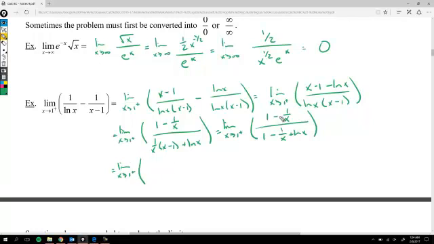Okay, so on top I end up with 1 over x squared. And on bottom I end up with 1 over x squared plus 1 over x. Okay, this is a lot better. So now, if I plug in 1, I get 1 over 1 divided by 1 over 1 plus 1 over 1, or 1/2.